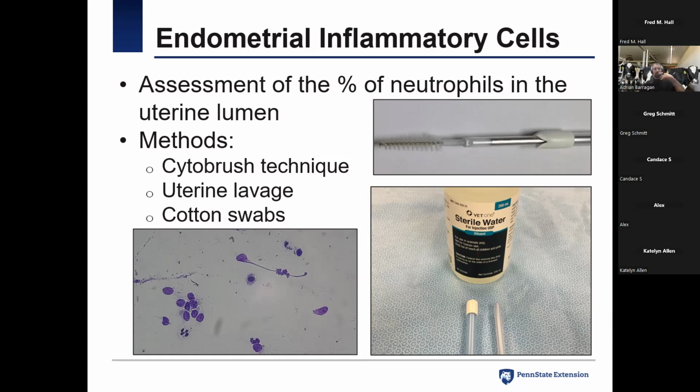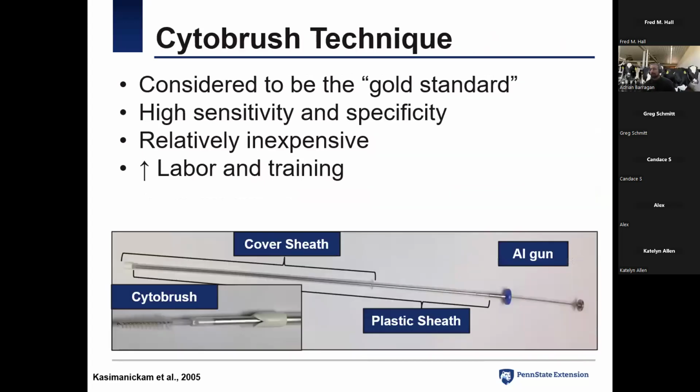That uterus is too big, it's really hard to make contact with the uterine walls, but there's definitely a technique that can be used to troubleshoot. And that's how I recommend using this, to troubleshoot uterine disease issues, especially when they are related to fertility, with that first service conception rate, right? Or with first service issues, because quite often they can be related to subclinical inflammation of the reproductive tract.